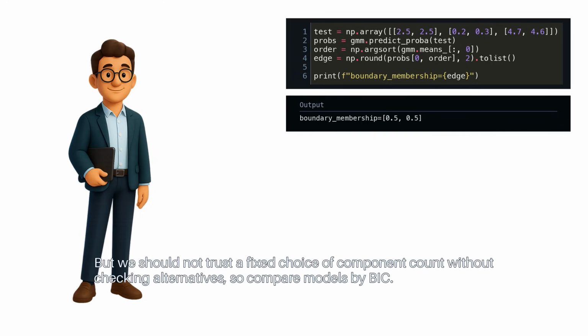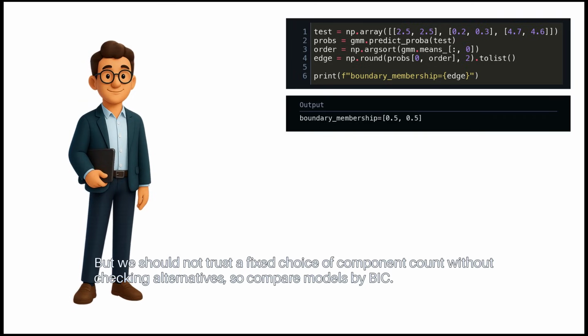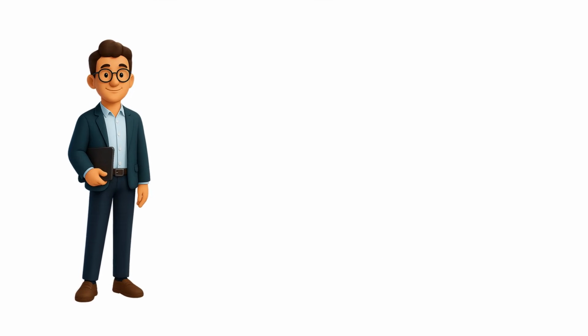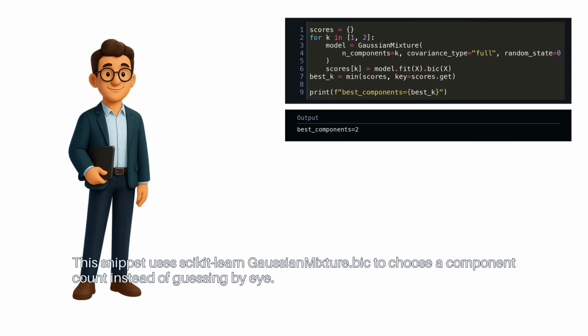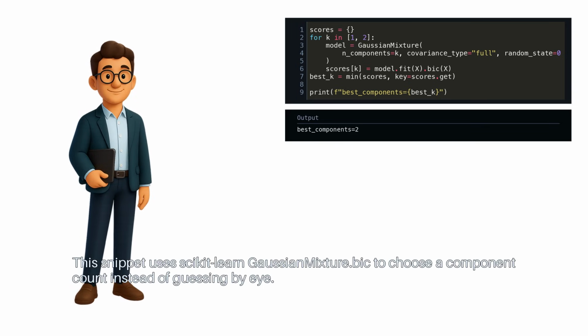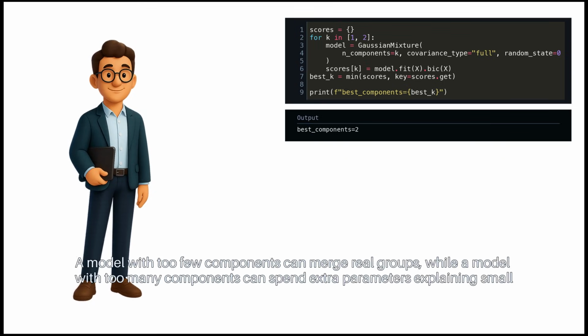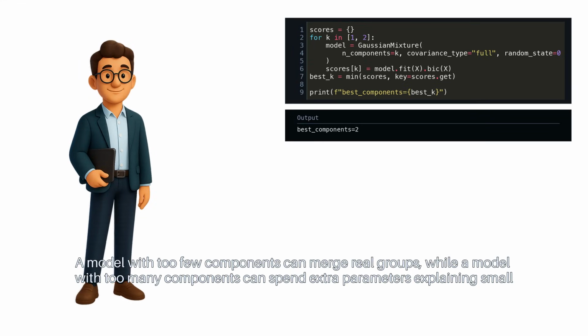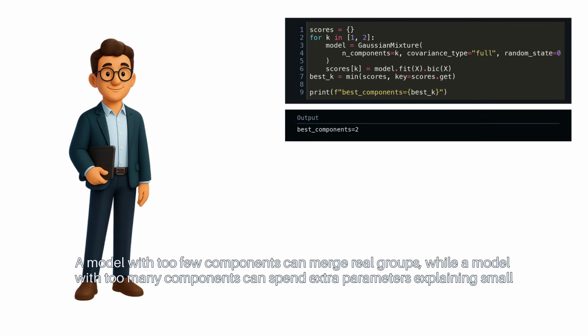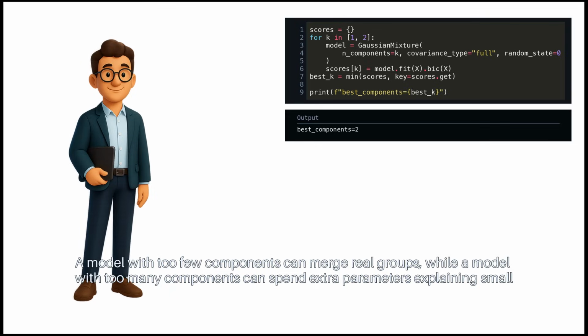But we should not trust a fixed choice of component count without checking alternatives, so compare models by BIC. This snippet uses scikit-learn Gaussian mixture BIC to choose a component count instead of guessing by eye. A model with too few components can merge real groups, while a model with too many components can spend extra parameters explaining small details.